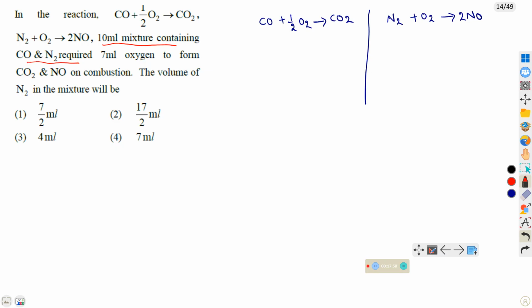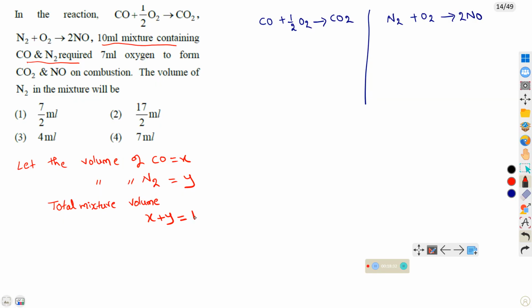So let the volume of CO be X and the volume of N2 be Y. Total mixture volume: X plus Y is equal to 10.